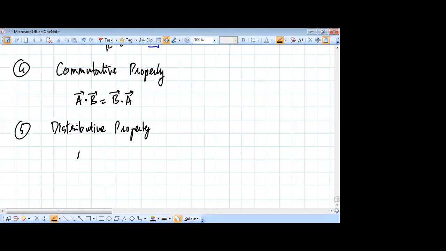That A's dot product with the sum of two vectors can also be solved as A's dot product with the first one added with A's dot product with the second one. Okay. So note down these two important properties, please.